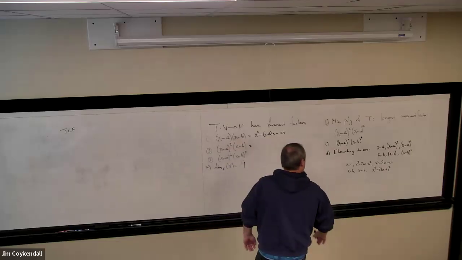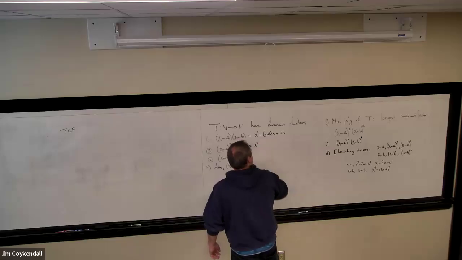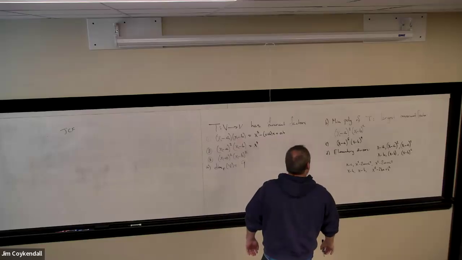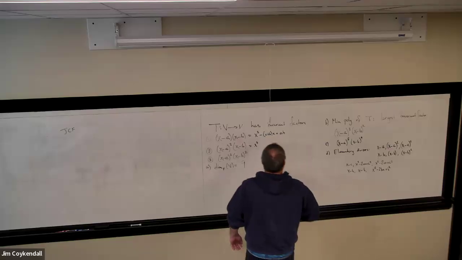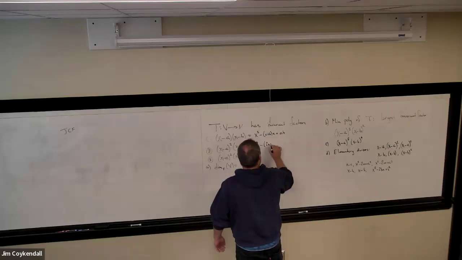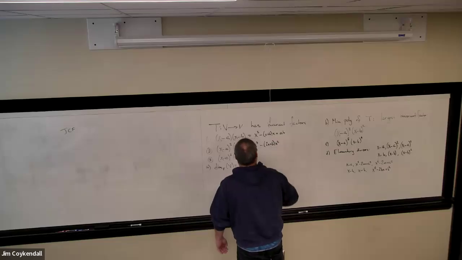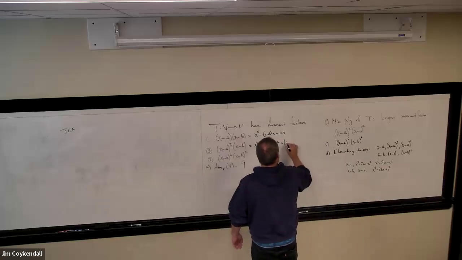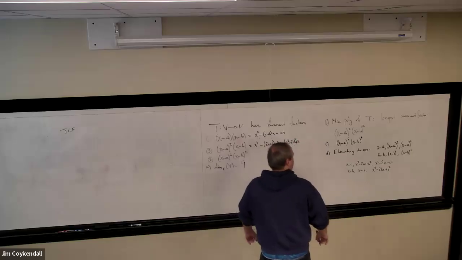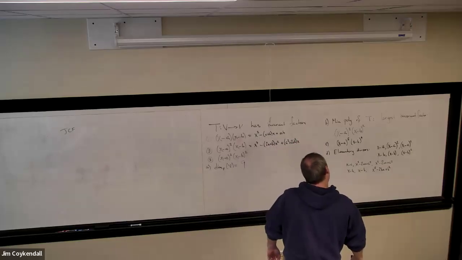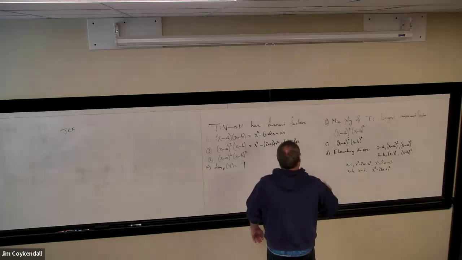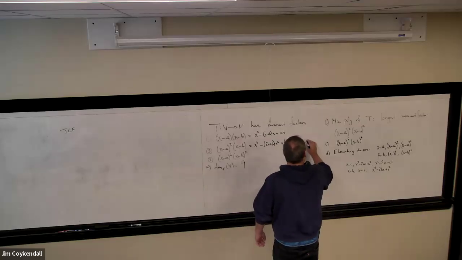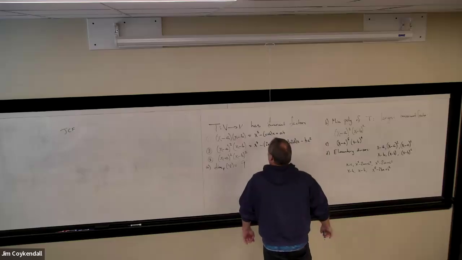This is going to be that times x minus b, so it's gonna be x cubed minus (2a plus b)x squared plus (a squared plus 2ab)x minus ba squared, I reckon.